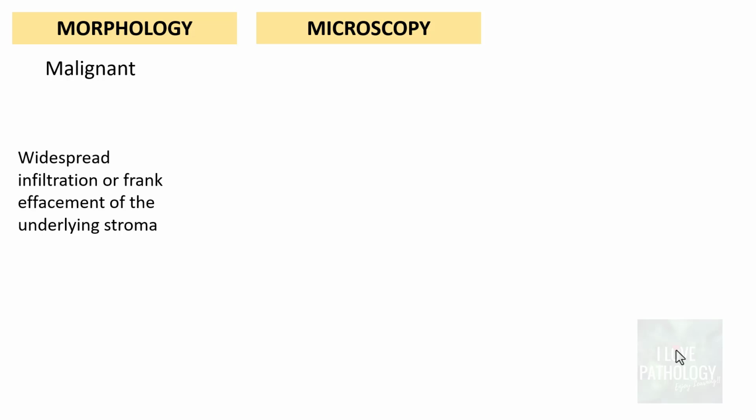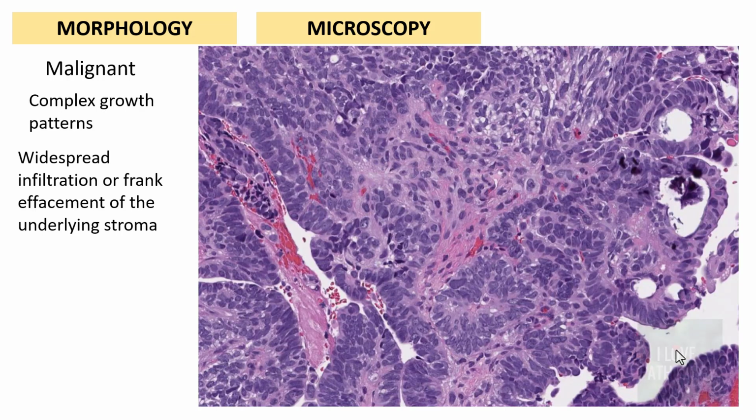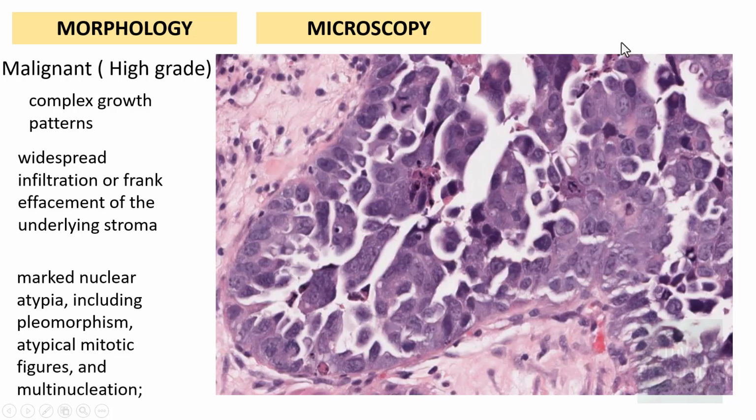Whereas in malignant tumor there is widespread infiltration, there is frank effacement of the underlying stroma. Look at this. This is the stroma. There is effacement of stroma. There is invasion of these malignant tumor cells into the stroma. You find marked nuclear atypia. Look at the amount of pleomorphism you are seeing here.